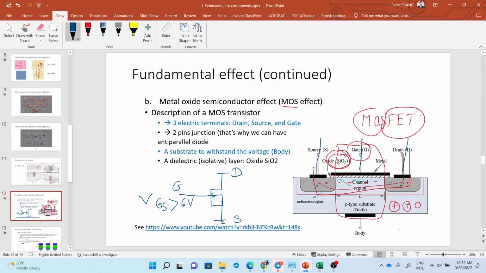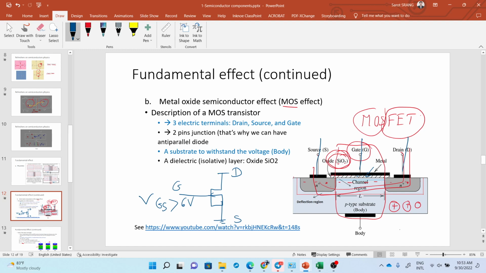And when you want to turn off completely, because here you have oxide, metal oxide as insulator, in some sense it behaves like a capacitor. If it behaves like a capacitor, let's say if you drop the voltage to 0, maybe it cannot turn off completely.